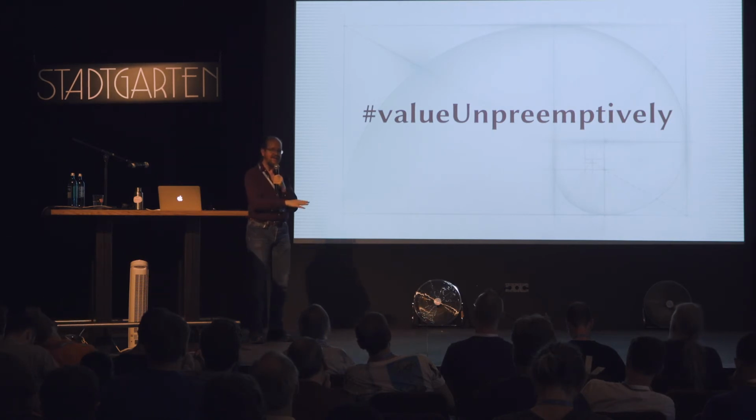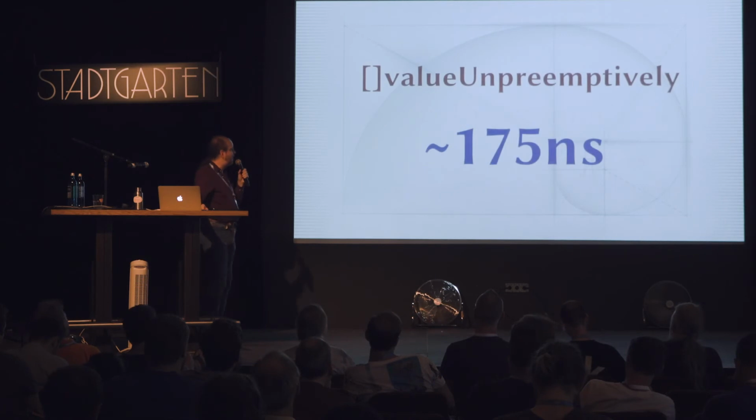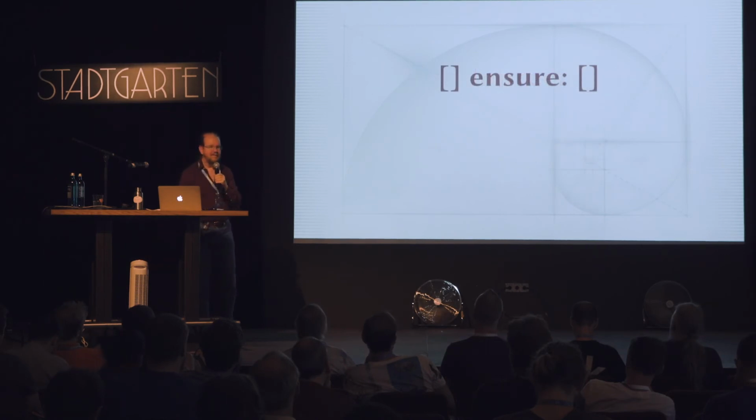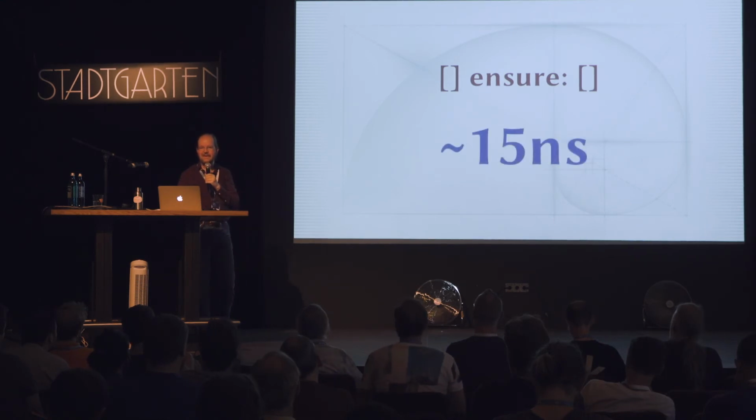Anybody else that's going to try to modify this thing has to go through the semaphore I've already got. So I don't need that big a hammer. And how much time does that take? 175 nanoseconds. So it's even slower. But how fast is the thing that I'm actually using? 15 nanoseconds. By far the fastest way to do this that I have found.